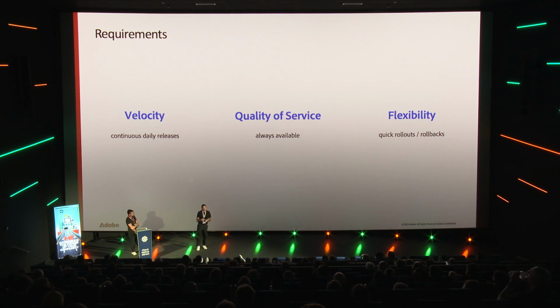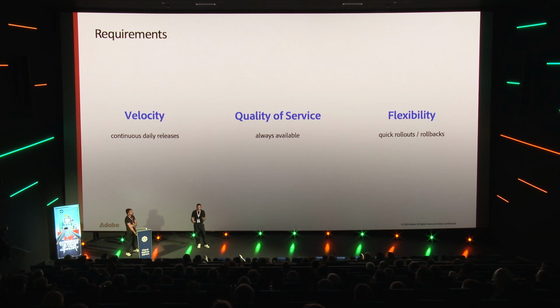And then finally, we also need flexibility in this deployment pipeline. In case we have some security patch that we need to roll out really quickly, which happens, or we have some bug that we identified in the system, we need to be able to react fast. And by fast, I mean within an hour or 30 minutes, we need to be able to release a version of software to all our production instances.